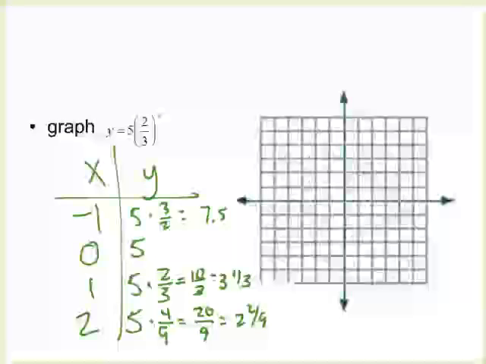So -1, 7.5. It's going to be floating somewhere up here above the graph. 0, 5. 1, 3 1/3, and 2, 2 2/9 is just a little bit. We're going to connect those points, and we can see they're shrinking down to flattening.